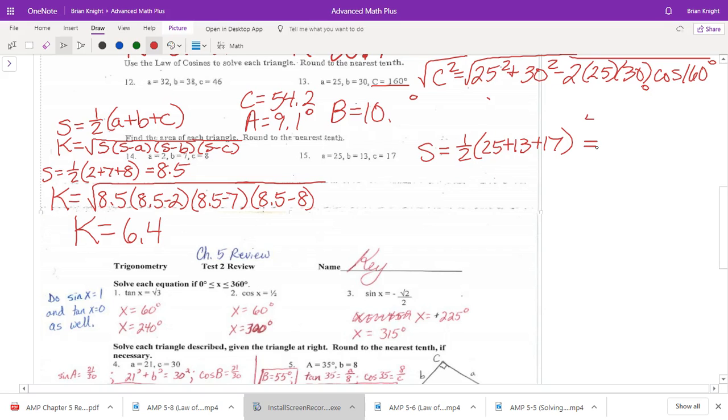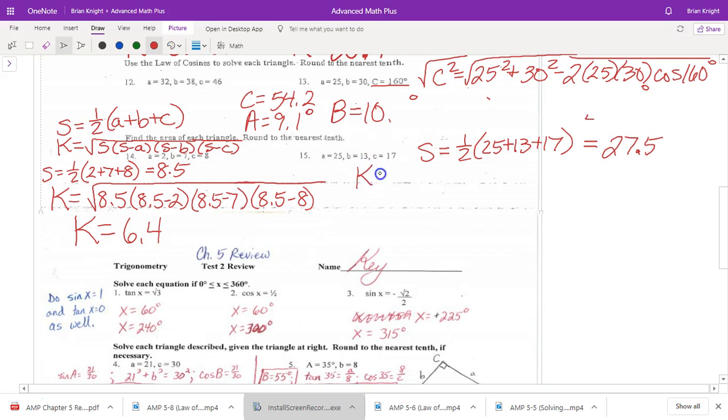That is, what's that, 30 plus 25, 55, is that right? Half of 55 is 22.5, is that right? 22.5 ain't even 50. Oh yeah, now that I think about it, 27.5. All right.